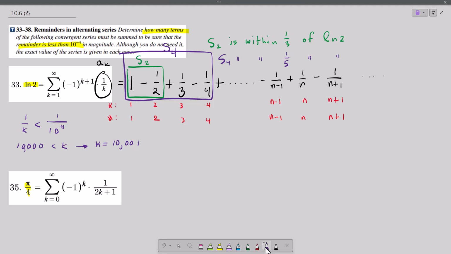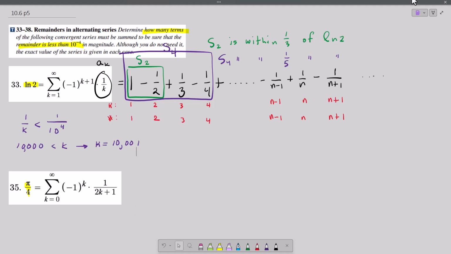So when our k value is 10,001, that is going to be the term that is less than 10 to the negative 4. So we want to add up everything that's in front of it. If we can find the first term that's under 10 to the negative 4, then we add up everything in front of it.